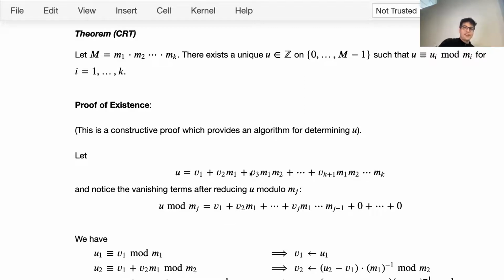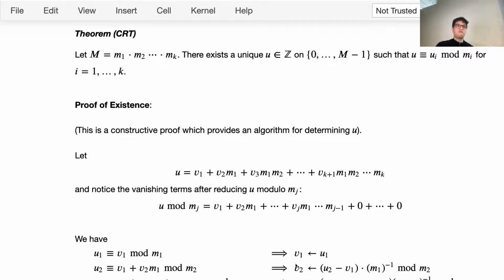So if you forget about everything from here on, I'm saying the secret number can be constructed by u is equal to v1 plus v2 m1, where we're going to construct v1 and v2 in the following way. The first thing I want to recognize is that this, modulo m1, is just v1. So clearly u1 is equal to v1, and then we just assign u1 to v1.